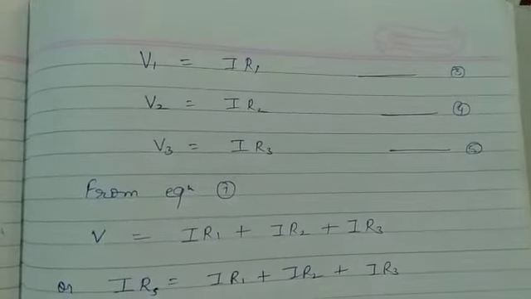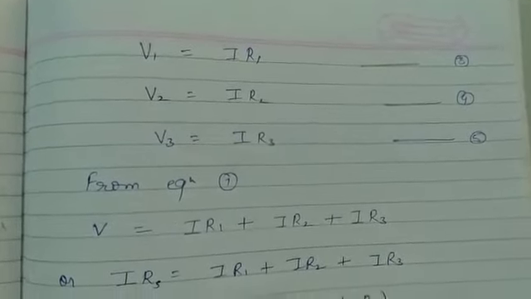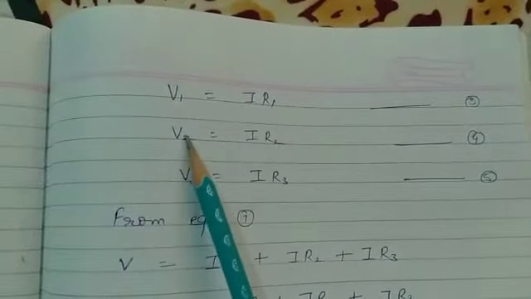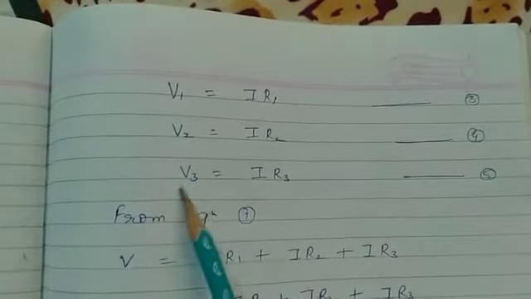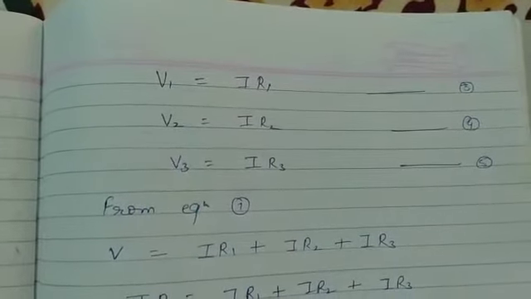So when we apply Ohm's law separately, we get V1 equals IR1, V2 equals IR2, V3 equals IR3. Why are we getting it like this?